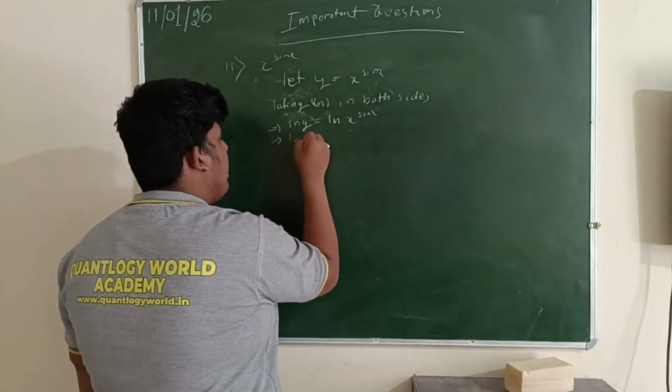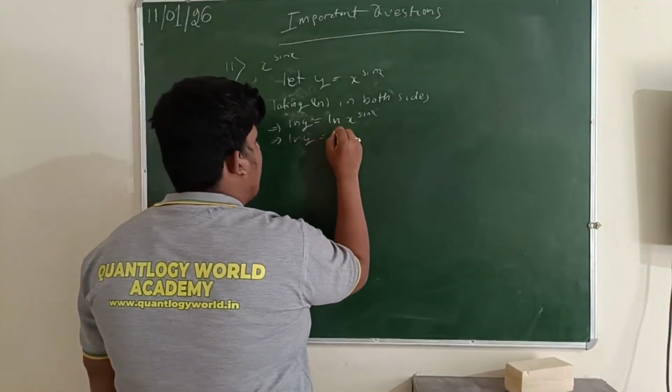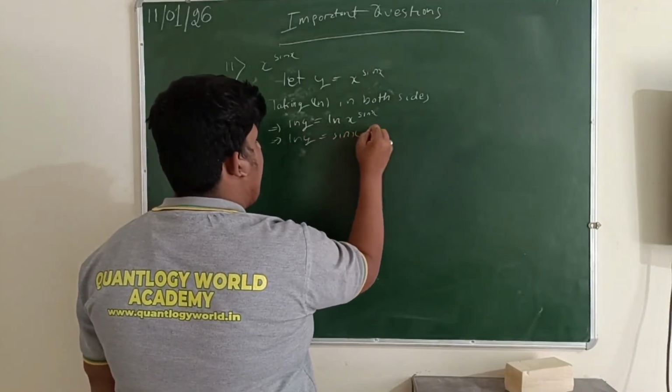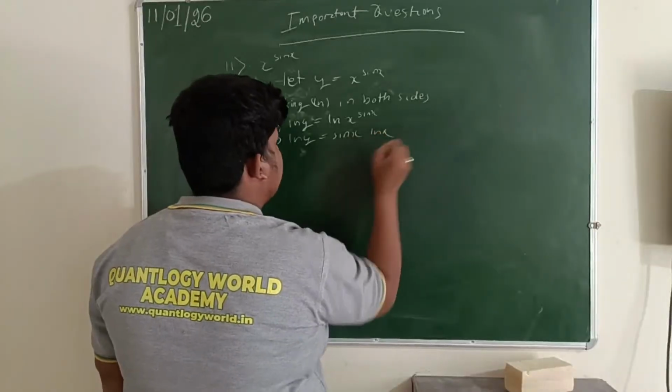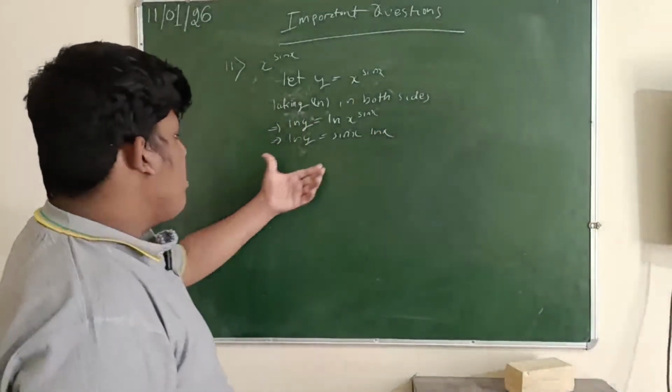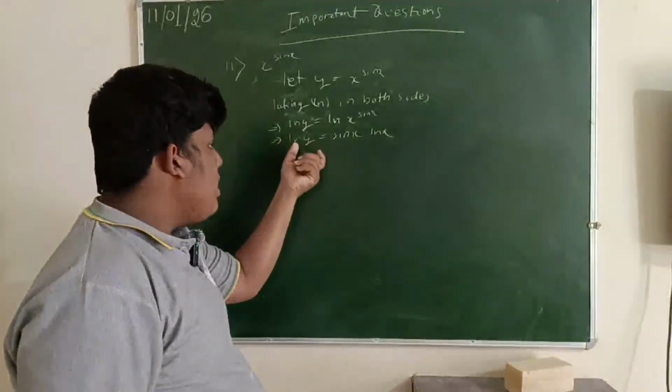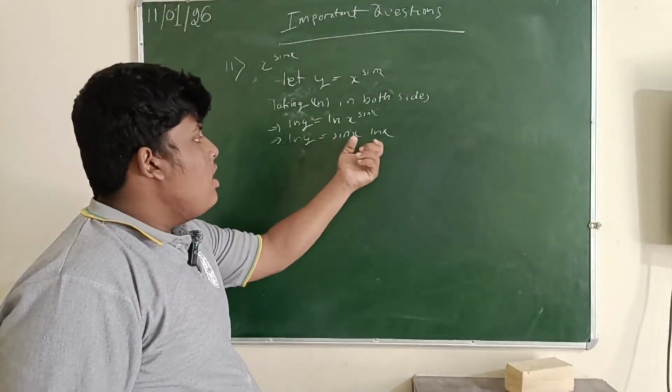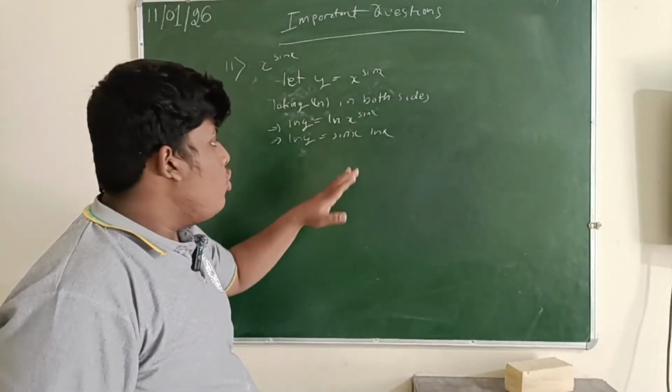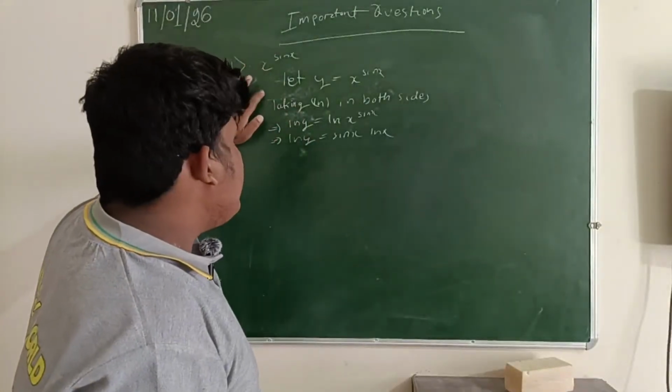Implies that ln y equals sin x into ln x. Now we have to find the derivative of ln y and sin x into ln x to find the value of dy by dx.